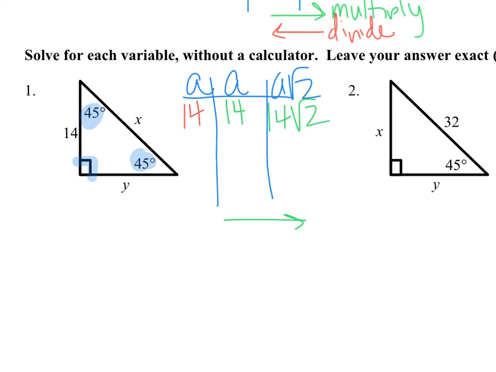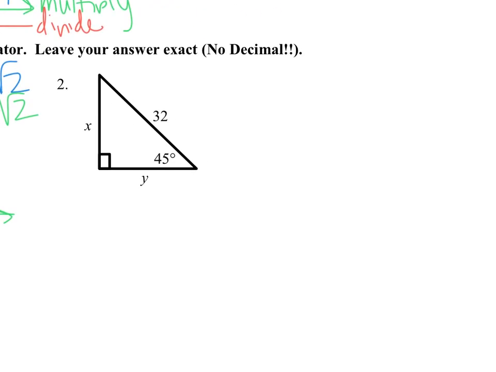So we have x equals 14 root 2, and y equals 14. Okay. All right, so let's go to the next example. This is a 45, 45, 90, so I'm going to set up that chart.